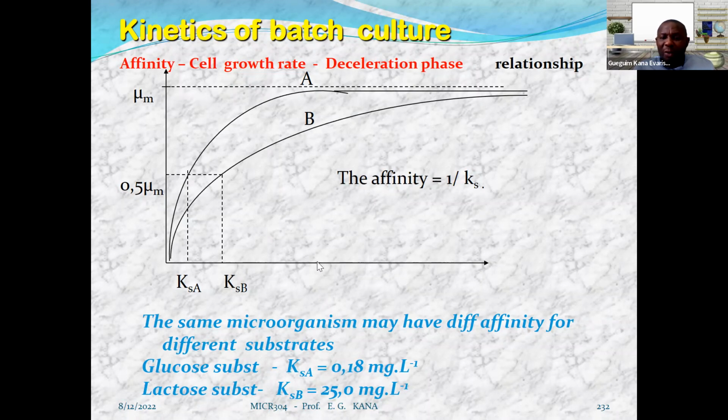You continue lowering the substrate concentration up to this region. You project it again to the A, mu max is still not affected. It's only when you begin to reach this low level of substrate concentration that you realize that the growth rate begins to be impacted, begins to lower, right?